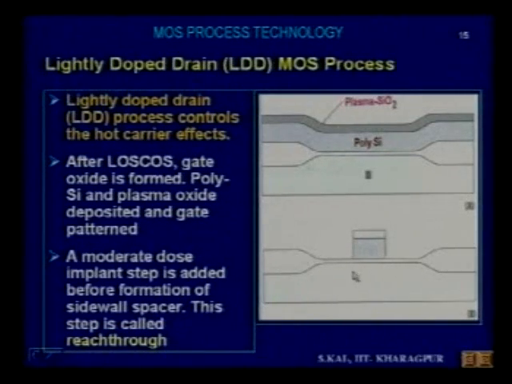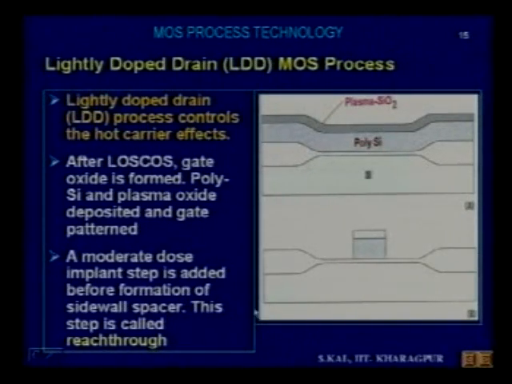Anyway, through this thin oxide, the next step is to implant. A moderate dose implant step is added before formation of the sidewall spacer. Here these two regions are source and drain regions, and this is the gate region. Now if we implant through this thin oxide, in case of NMOS the dopants will be N type, so you have to dope phosphorus here and here, in this region and this region, at a moderate dose.